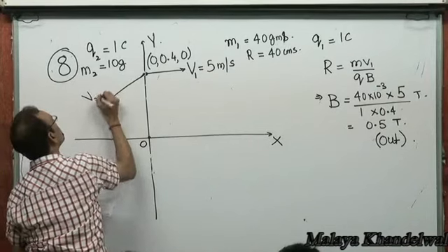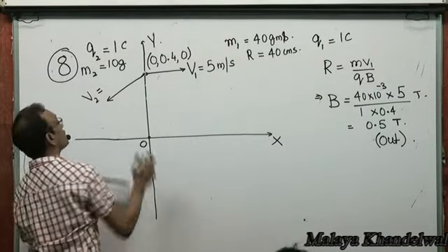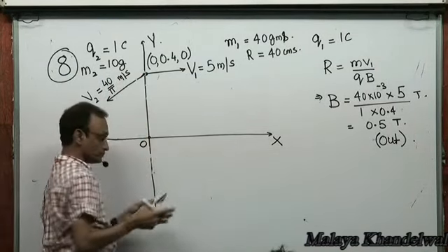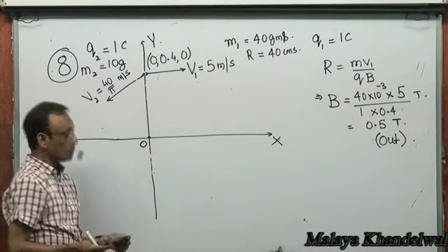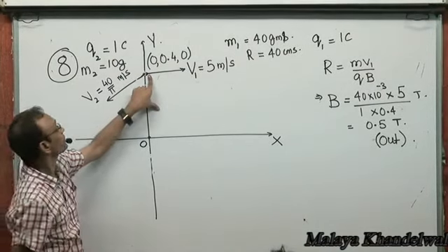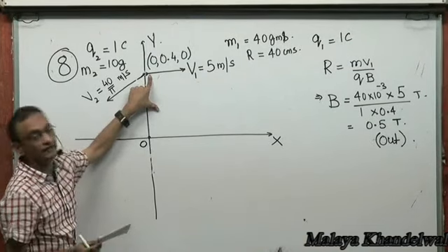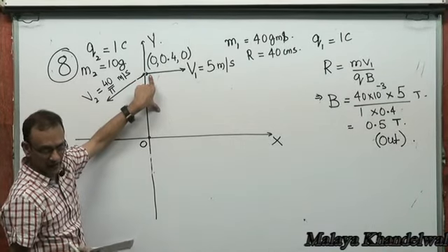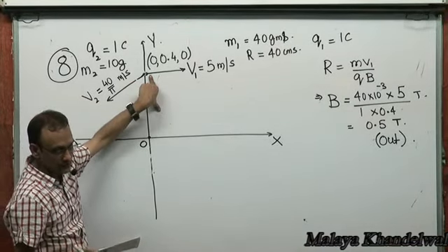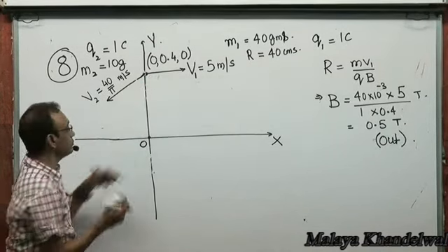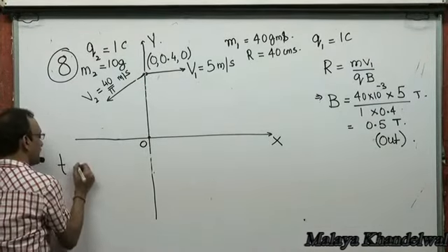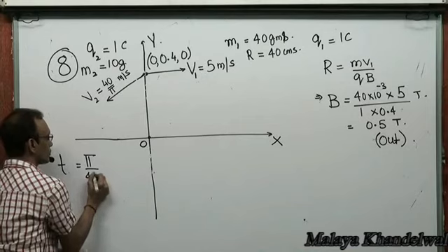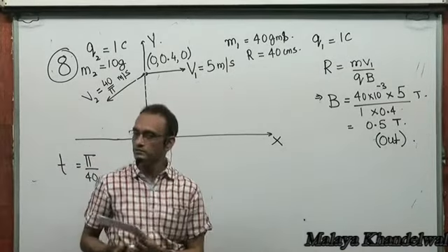With a velocity v2 equal to 40 by pi meters per second. It collides with this particle at this point, and the two particles get stuck. Neglecting gravity and electric forces, we want to calculate the position of the combined particle at t equal to pi by 40 seconds. Clear?